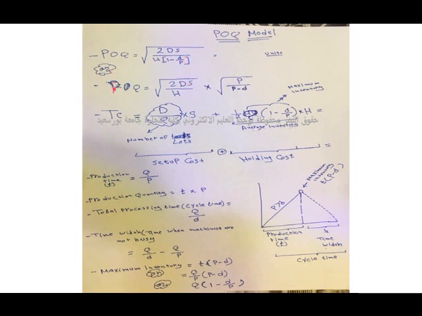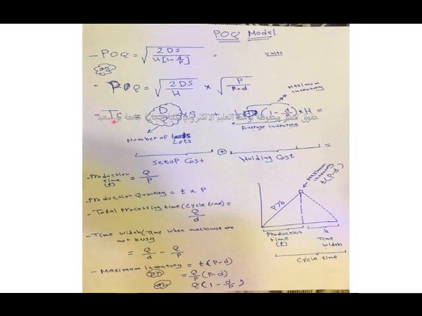Or we have another equation: POQ equals the square root of 2DS over H, which is the EOQ, times the square root of B over B minus D.